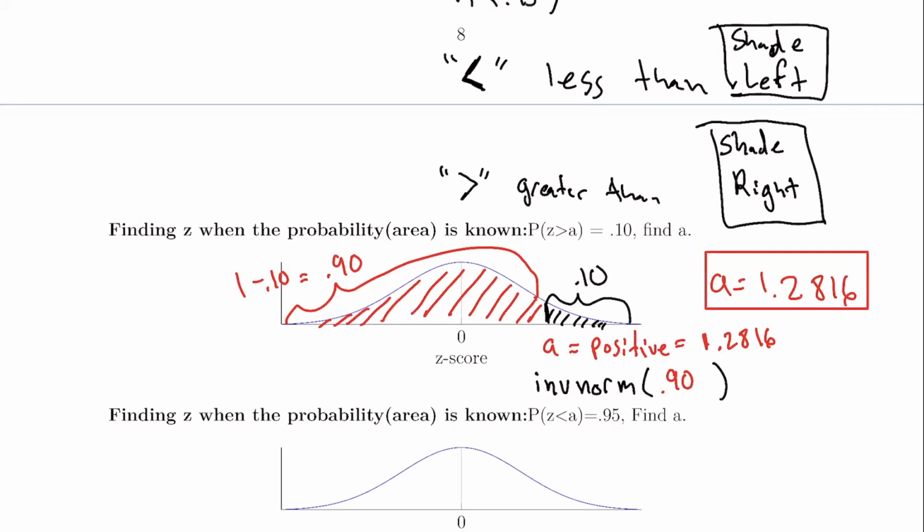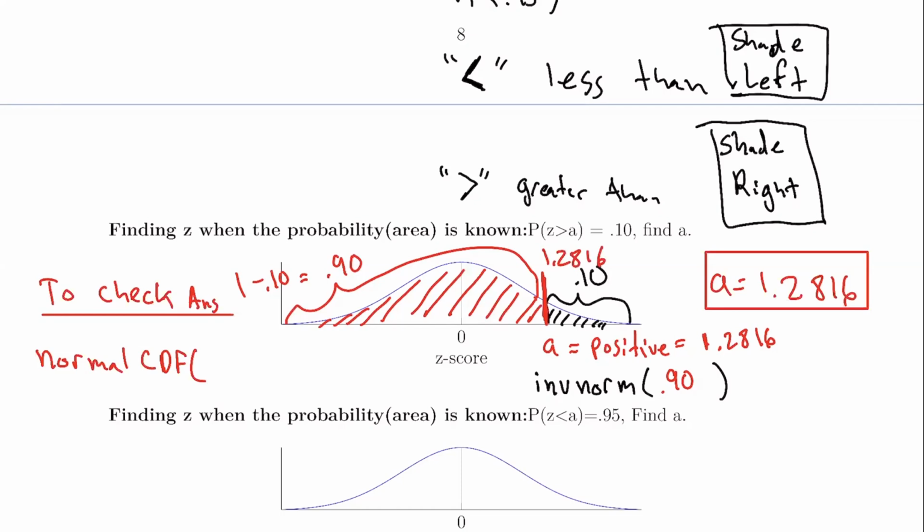What do you enter for the normal CDF then, in this case, if you want to test it out? If you wanted to check your answer to make sure it's correct, I'll put right here, check answer. You want to do normal CDF. If you look at it, this is the cutoff, 1.2816.